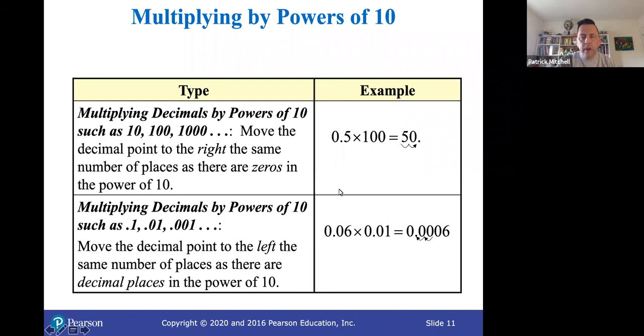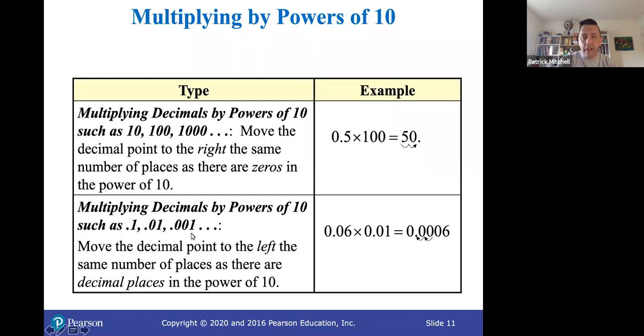All right. And then if you're multiplying by small powers of 10, such as 1/10, 1/100th, 1/1000th, you're going to move the decimal point to the left the same number of places as there are decimal places in the power of 10. Be very, very careful not to say as many places as there are zeros.